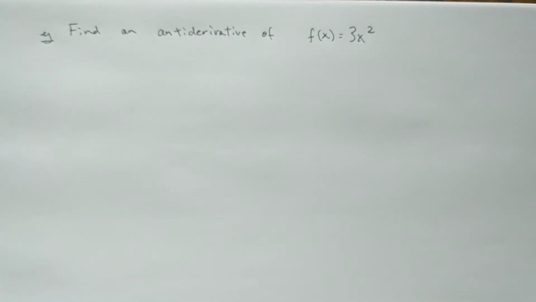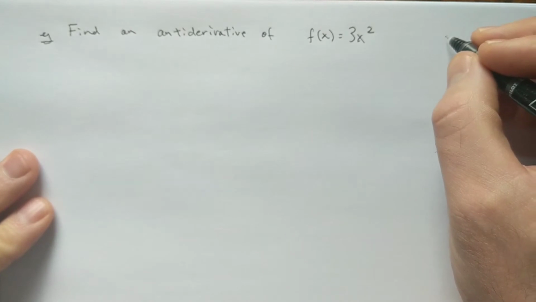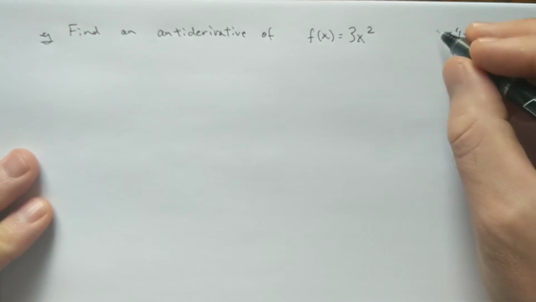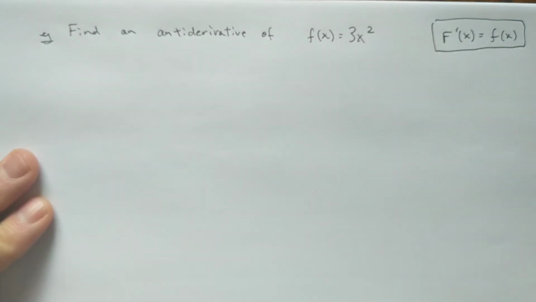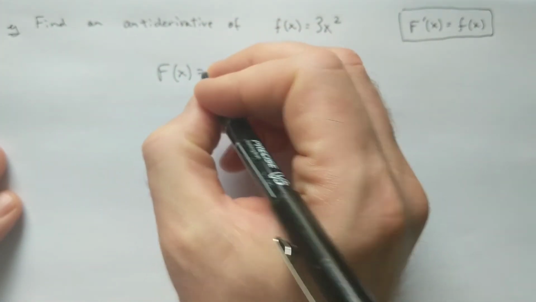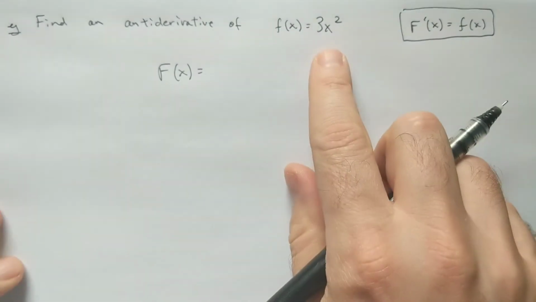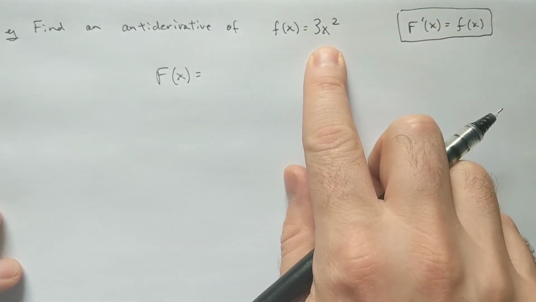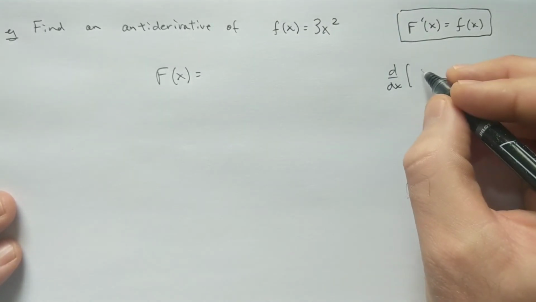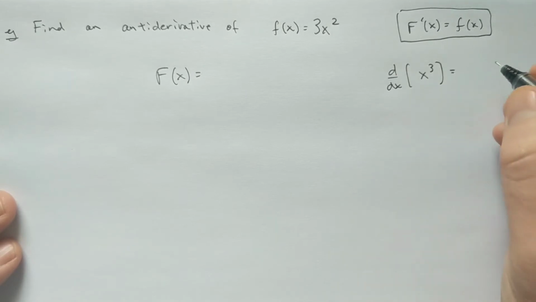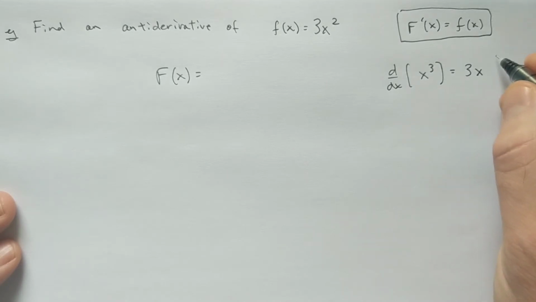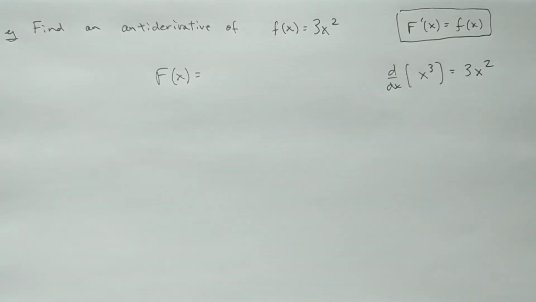Okay, so can we find the antiderivative of this? Remember, we want to find a function capital F of x so that when I take the derivative, I get little f. So what does capital F of x look like? You probably have memorized what function has this derivative. If I take the derivative of x cubed, I pull the exponent down up front as a coefficient, and then I get 3x, and then I take 1 away from the exponent, so that's 3x squared.